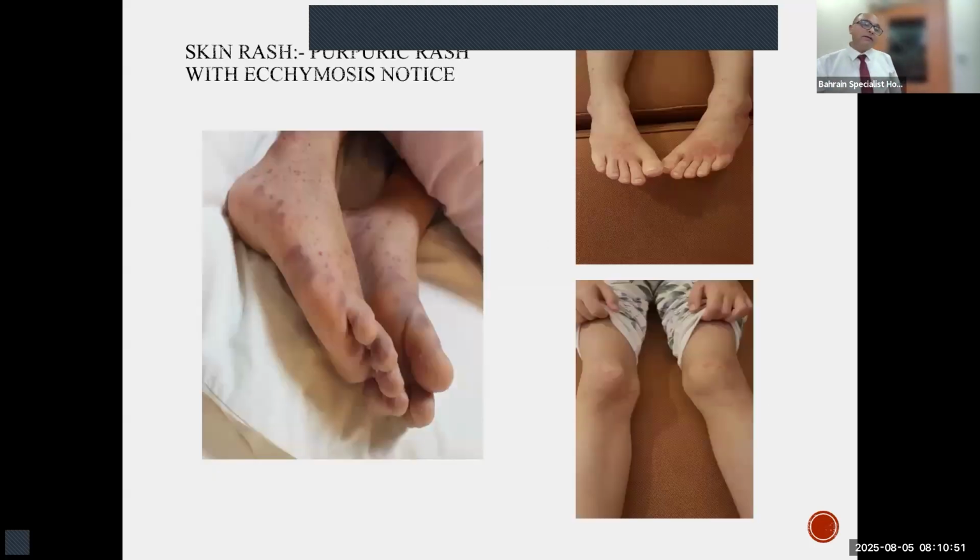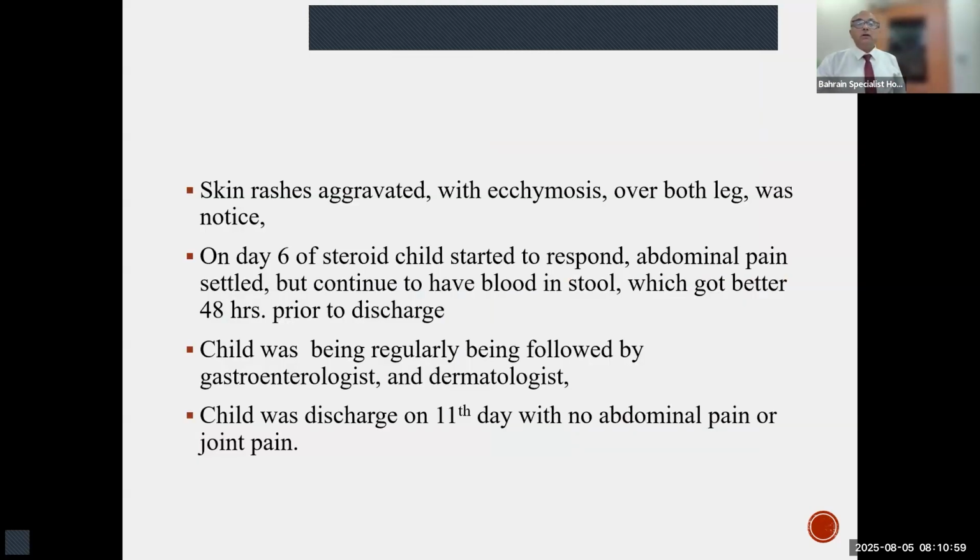On day 6, we noticed that there was ecchymosis and the purpuric rash had increased during the hospital stay. The child started responding to steroids on day 6. Till then, the baby was continuously having abdominal pain and blood in the stool. Oral intake slightly improved during the hospital stay.